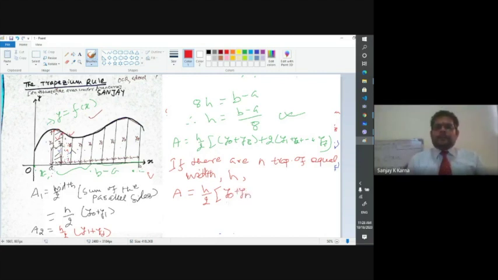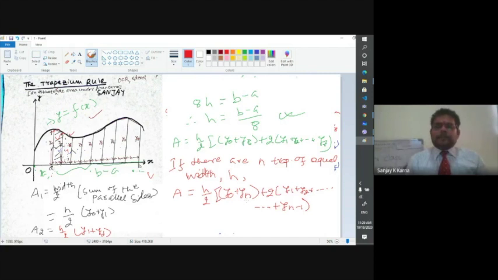So this is the first value and this is the last value, and we have already seen that these values are only once there, and then the rest of the values will be 2 times of y1 plus y2 plus y3, y4, and then it will go up to yn minus 1 in general.